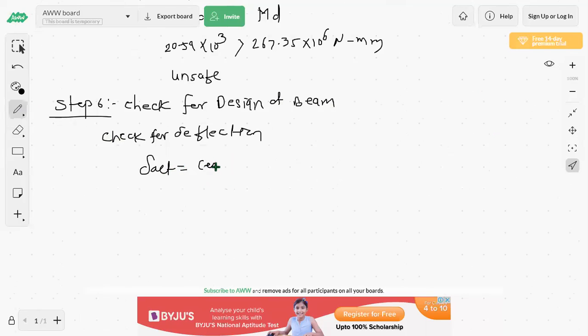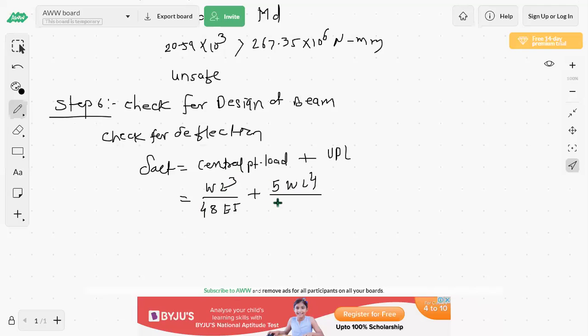For the central point load plus UDL, for both we have to calculate delta actual due to these two loads. Central point load: WL cube divided by 48 EI, and for UDL: 5WL raised to 4 upon 384 EI.